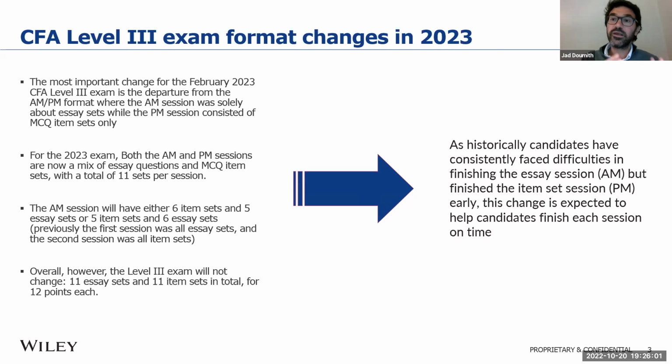It will still contain 11 item sets, but you might have 5 essay questions and 6 MCQs, and in the afternoon it will be the opposite, so 6 essays and 5 MCQs. The fact that they are mixing those, so the AM session and the PM session will have both types of questions, will allow candidates probably to finish on time, or at least to complete a larger portion of the exam.